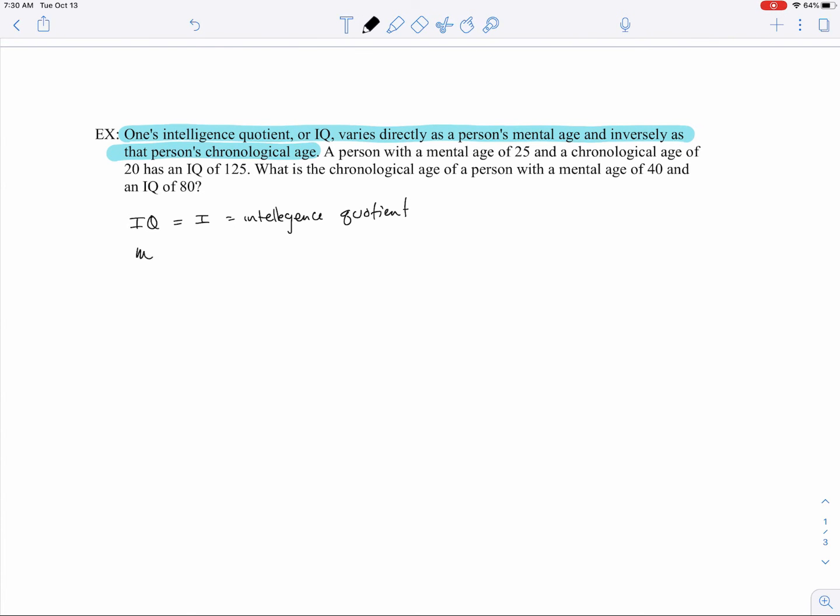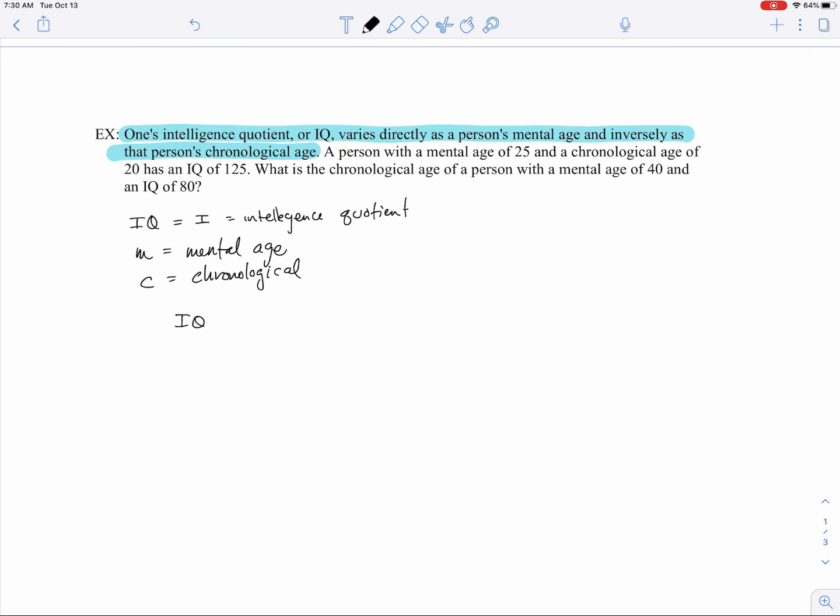Let's let M equal their mental age. Mine's about 5. I'm childish. And chronological age, meaning their actual age in time and space, man. Okay, so what are we told here?